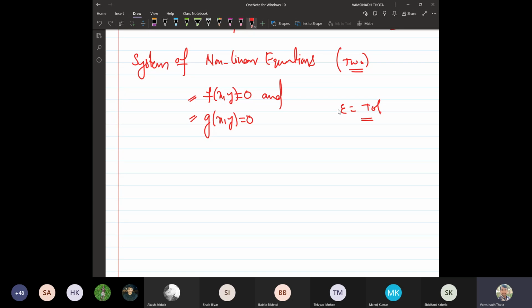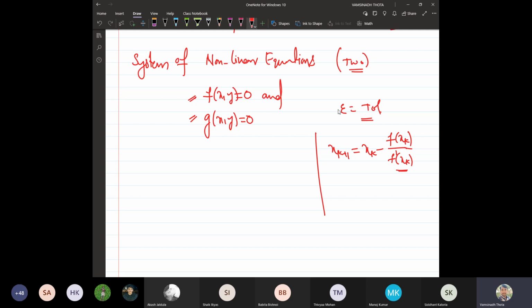If it is only one equation in one variable, we have the Newton-Raphson method. In the Newton-Raphson method, what is the basic iterating function? It is x k plus 1 equals x k minus f at x k divided by derivative of f at x k. So the Newton-Raphson method involves the derivatives of the functions. Since there was only one variable yesterday, we had a direct derivative.